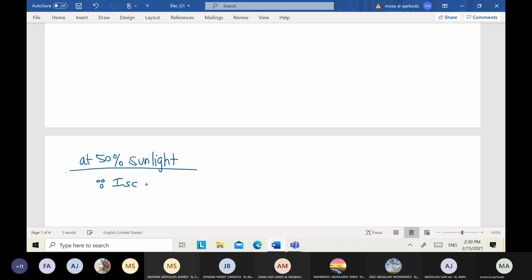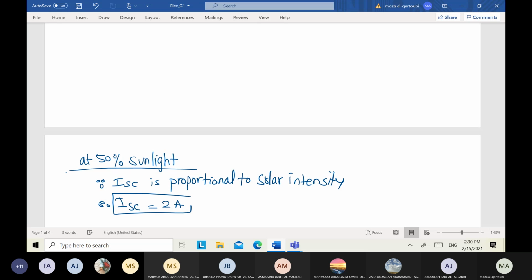Because the short circuit current is proportional to solar intensity, I short circuit in this case will be 2 ampere. You know from where? Because before, at 100% of sunlight, it was 4 ampere, so now it will be 50%.